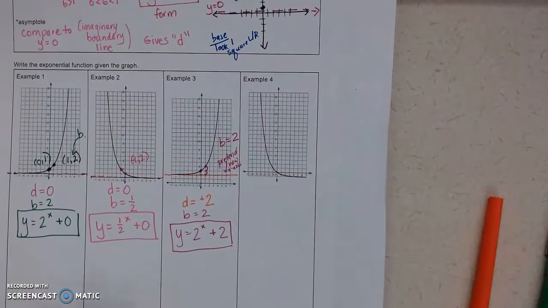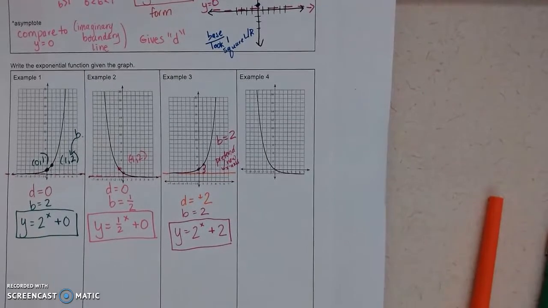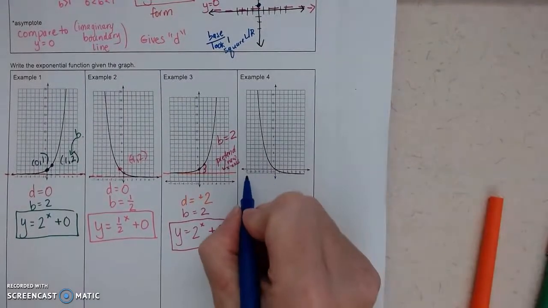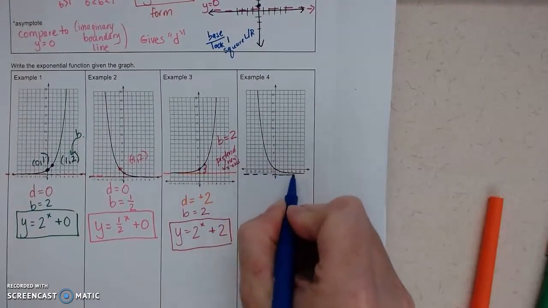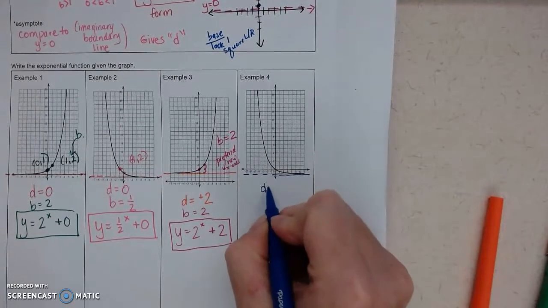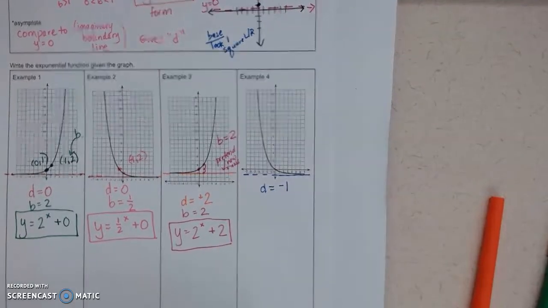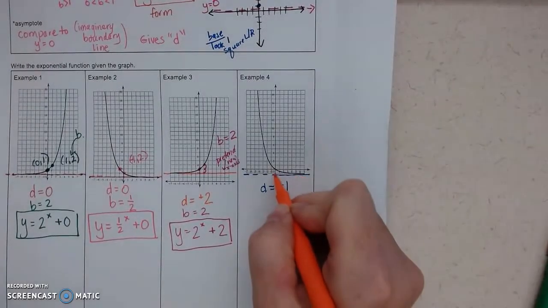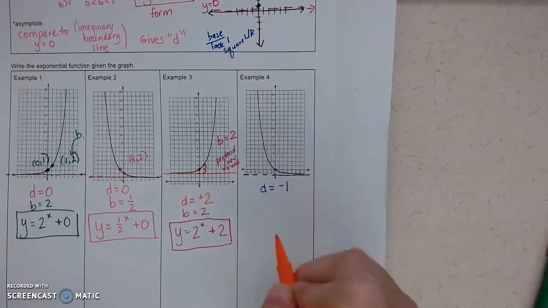And let's look at the last one. We'll have a different base than 2, I promise. But the bases will always be small because of the graphs. So you'll see a lot of the same numbers over and over. So I can kind of see they bottom out, which is at -1. So remember, pretend that that is your new x-axis. So we still have that anchor point, (0, 1).